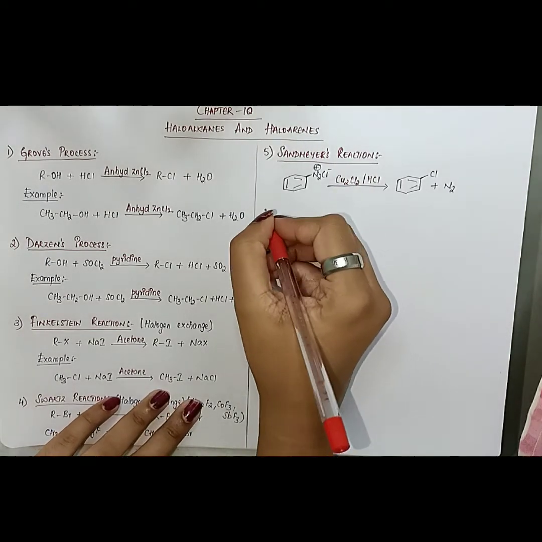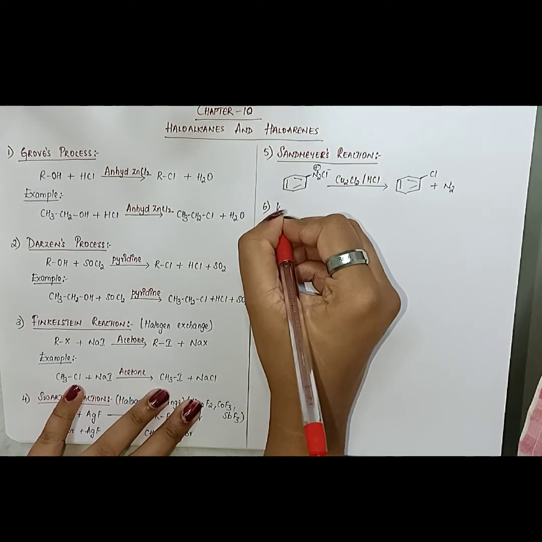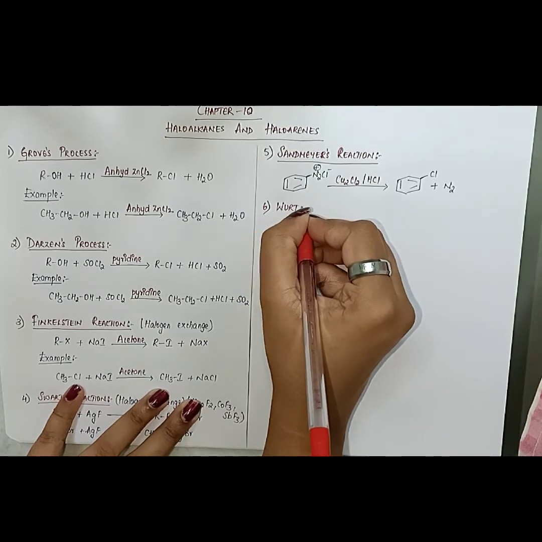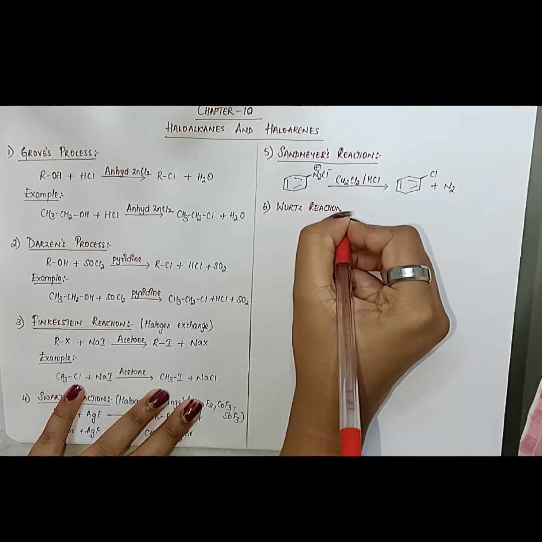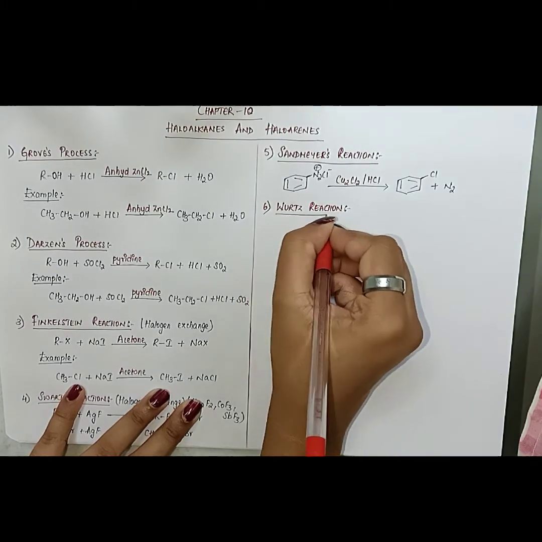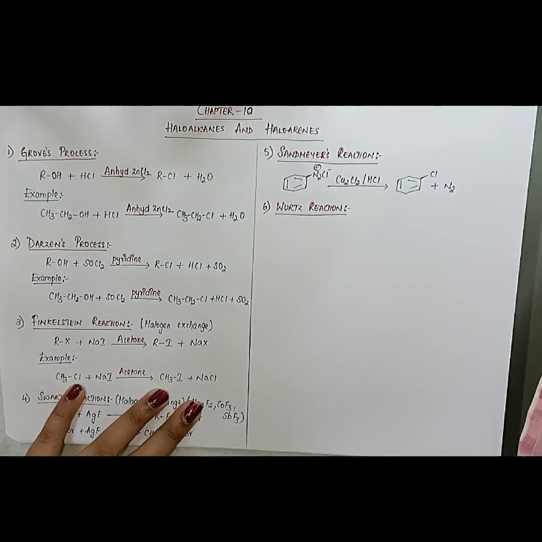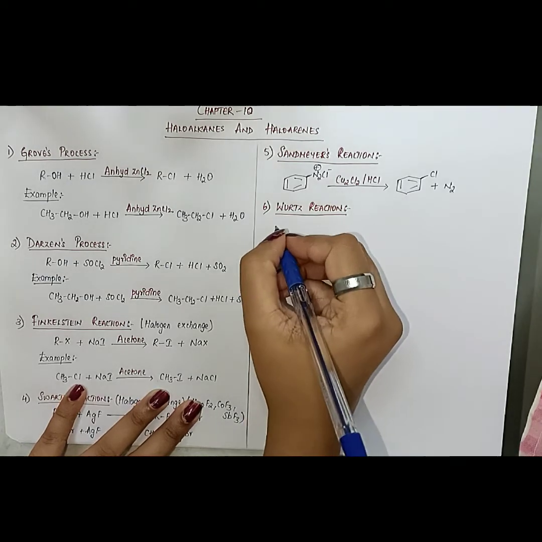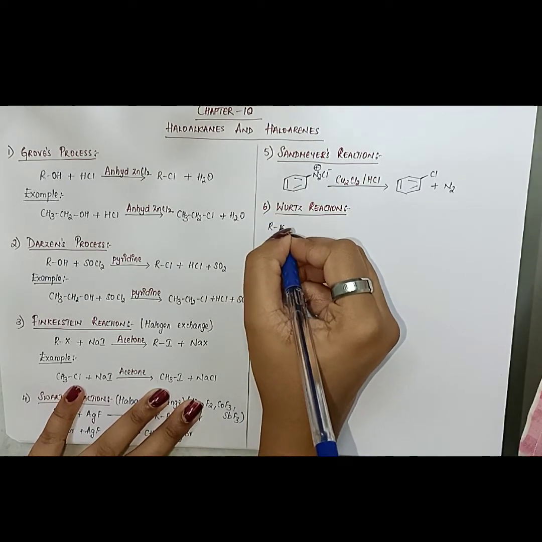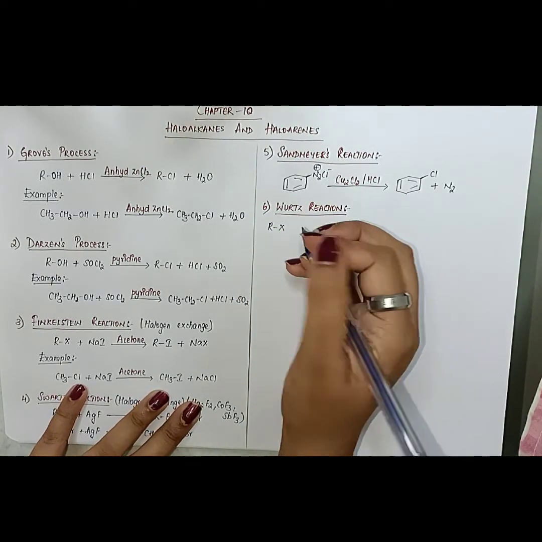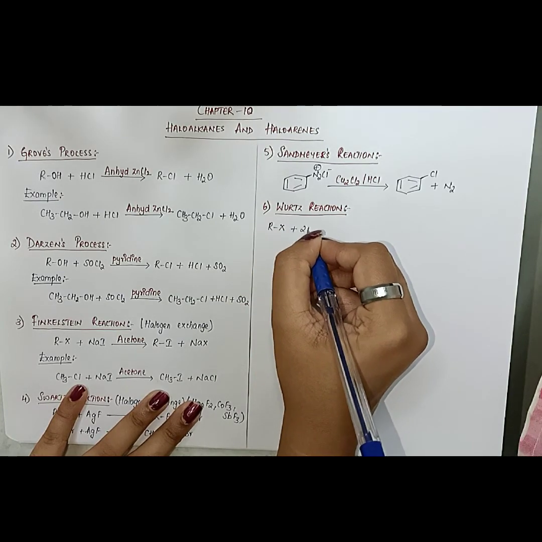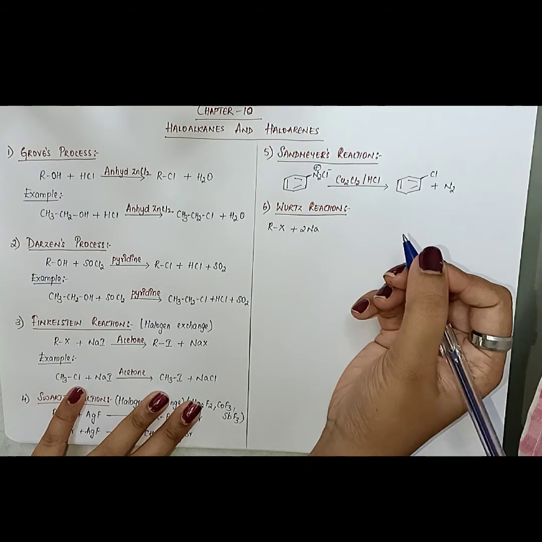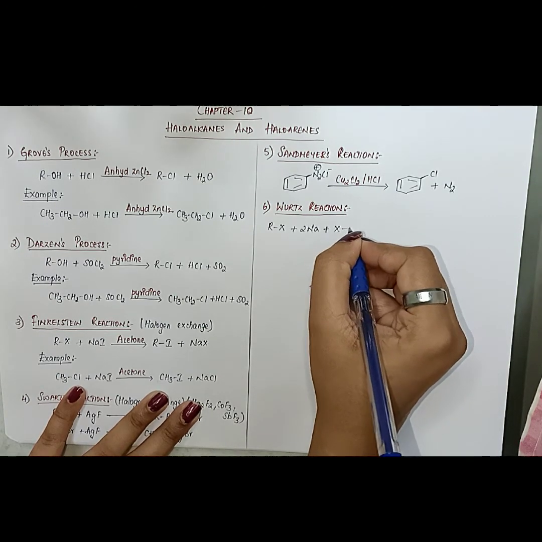Now the next one is Wood's reaction. Now for Wood's reaction, we will take two alkyl halide molecules. So I have one alkyl halide here with two sodium atoms plus another alkyl halide.